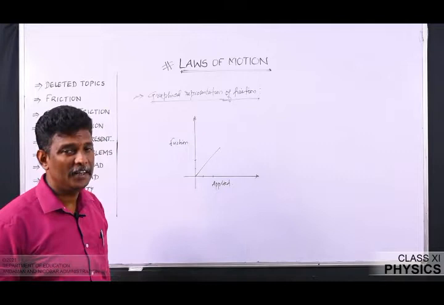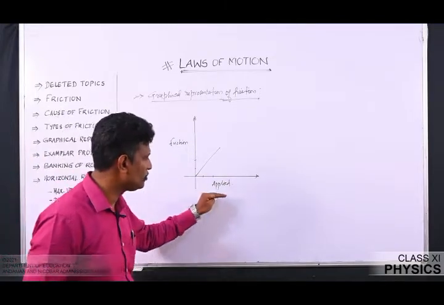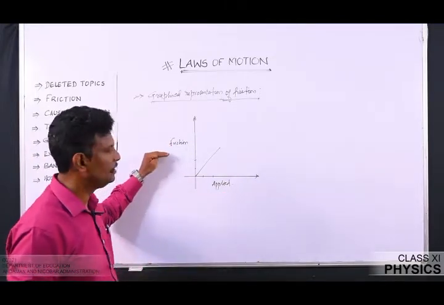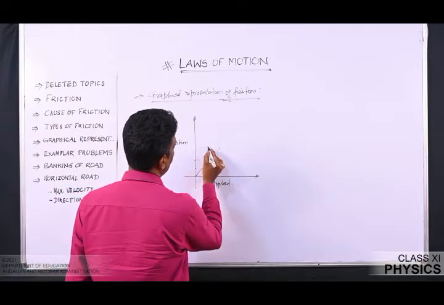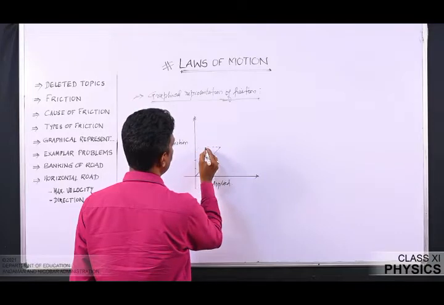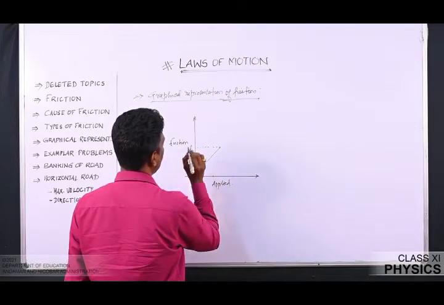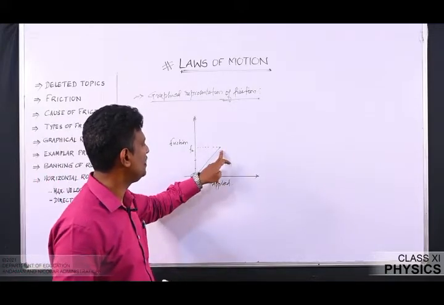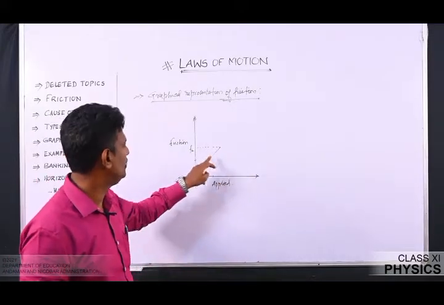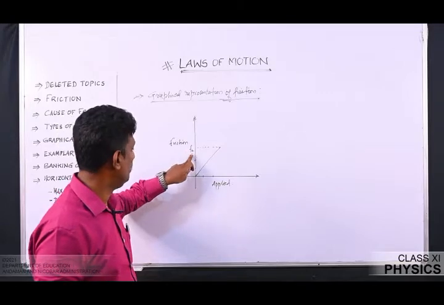Up to what extent it will be straight line? What all the applied force is there, that is countered by the frictional force up to certain limit, that is the limiting friction. That means friction has attained its maximum limit, that is limiting friction.